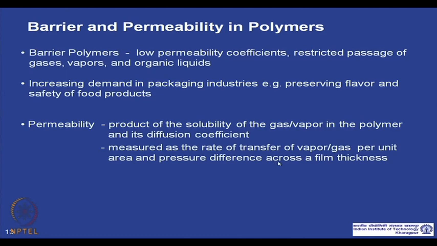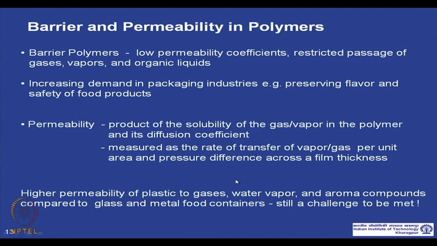It is measured as the rate of transfer of the vapor or gas per unit area of the material and per unit pressure difference across the film thickness. So, basically it is normalized with the area as well as the pressure difference across the film thickness.